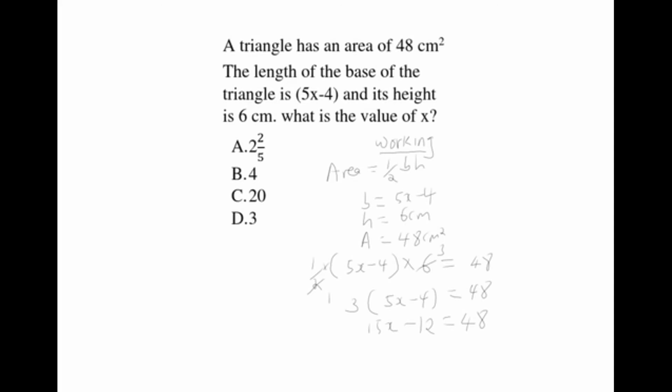So 48 plus 12. So 15x should be equal to 60. We divide both sides by 15 to get the value of x. So by 15 1, by 15x, by 15 1, by 15 4. So our x is 4. So the answer is B.